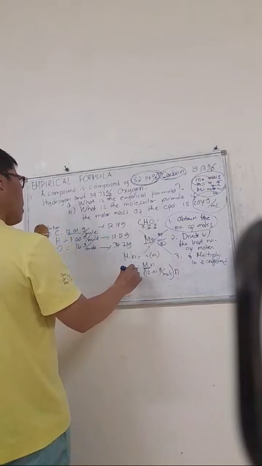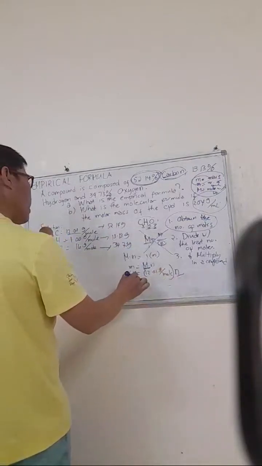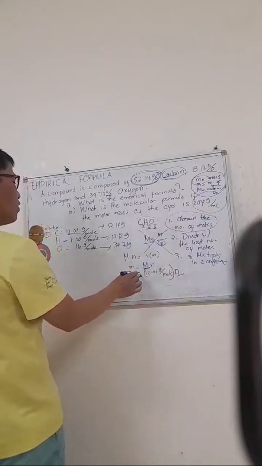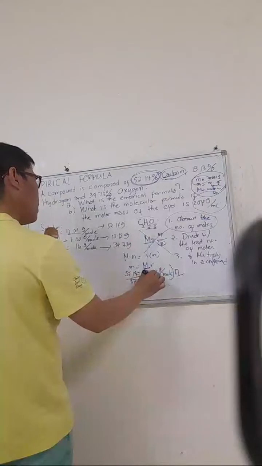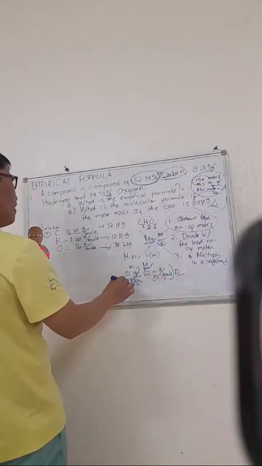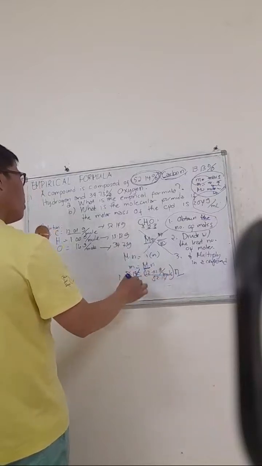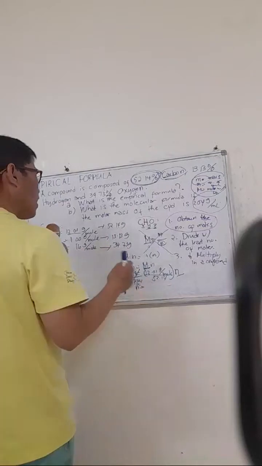Solve for n, basic algebra. So it's going to be 52.14 over 52.14, then 12.01 over 52.14. 52.14 divided by 52.14 is 1. So therefore, crisscross again, and then you will have the number of moles for carbon.